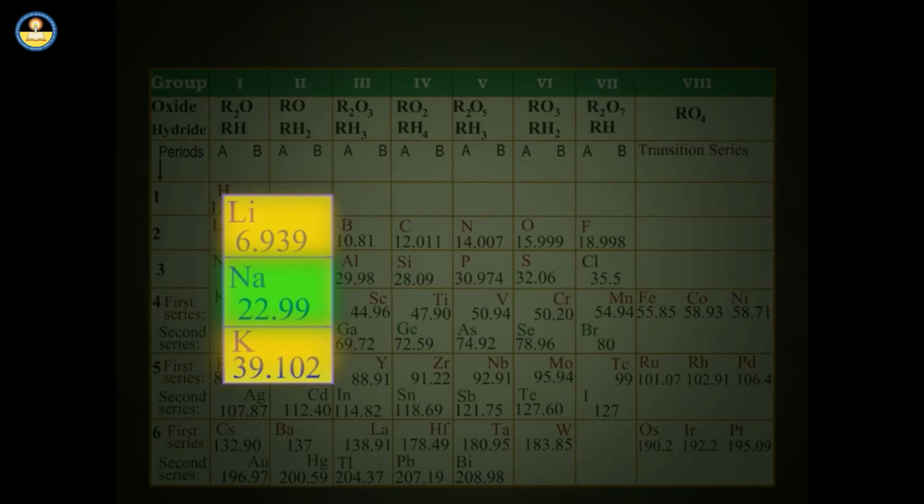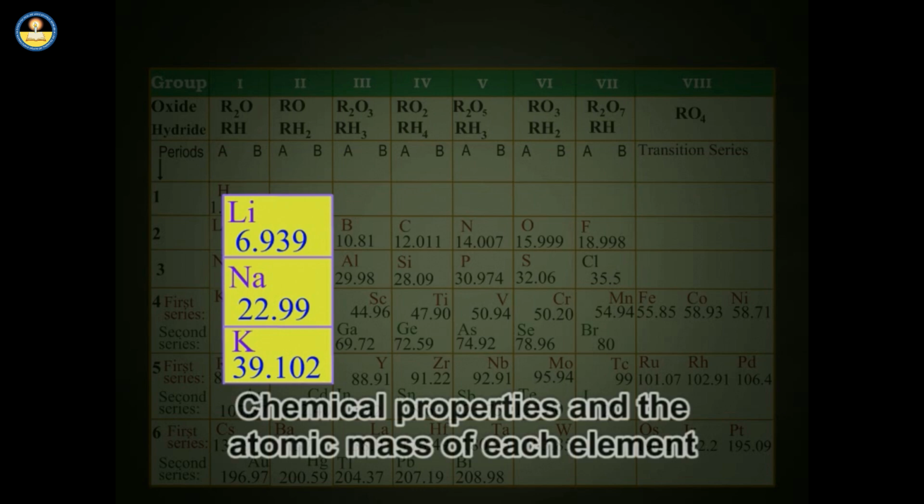Also, the properties of the middle element were in between those of the other 2 elements. This classification led chemists to realize that there was a relationship between the chemical properties and the atomic mass of each element.